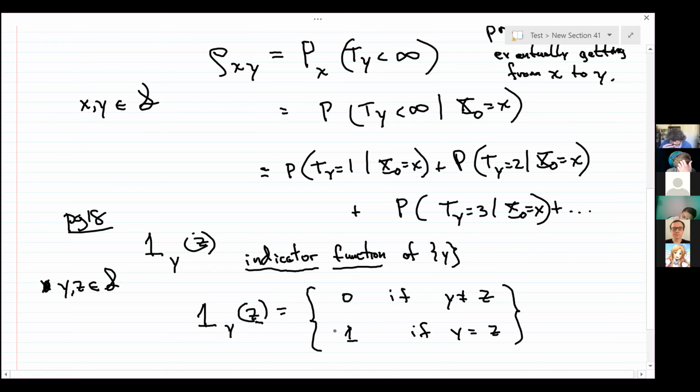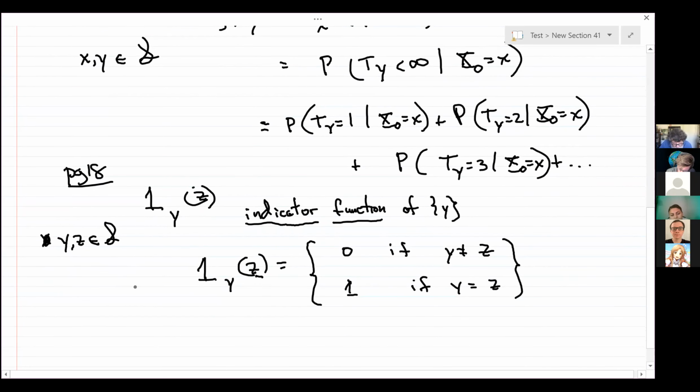So what does it indicate? It indicates whether you've got two states that are the same or they're different. And it only takes two values, 0 and 1. Now, for people who are in my other class, and there's like 2 or 3 of them, we have the same kind of function there with a different notation. There it would be denoted as capital I of y, z. And that's pretty good too.